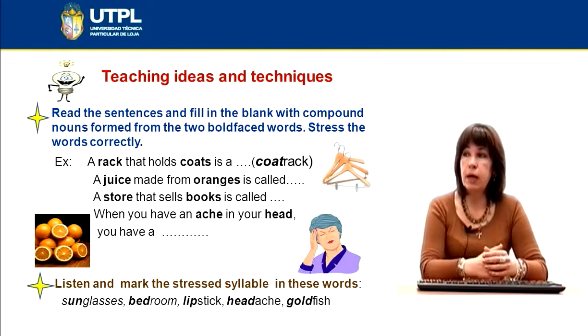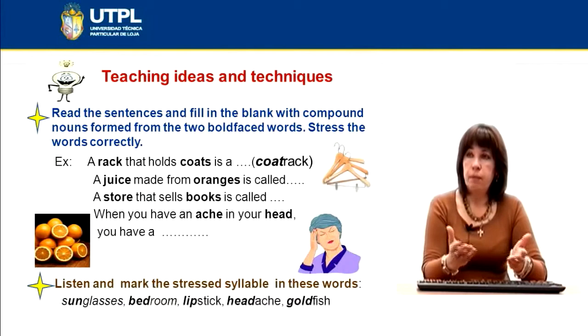like in the example I prepared for you, like a crack that holds codes is a code crack. So students have to figure out what is the compound word made of these two words like crack and codes.